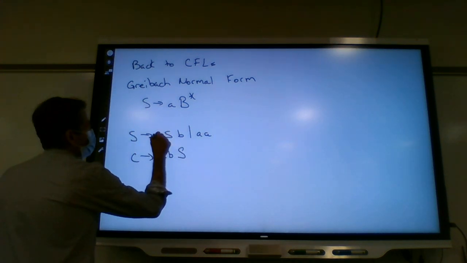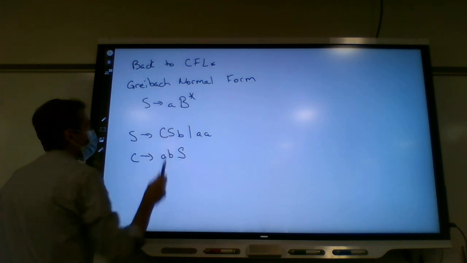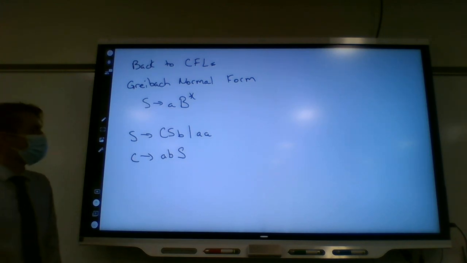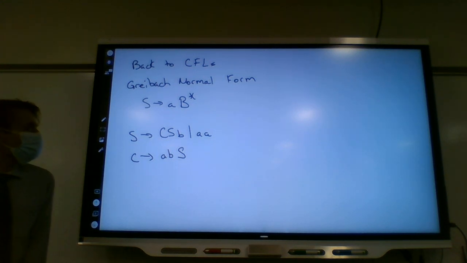So our terminals, characters are A and B, and then we have the variables S and C. So let's try to convert this.